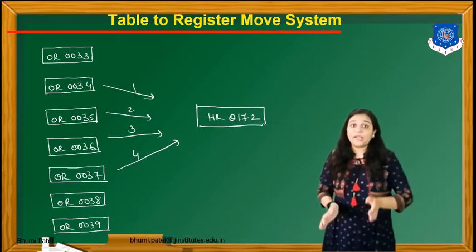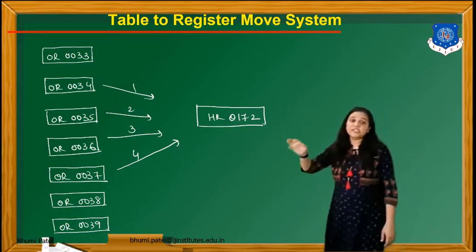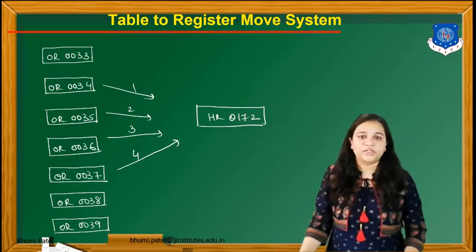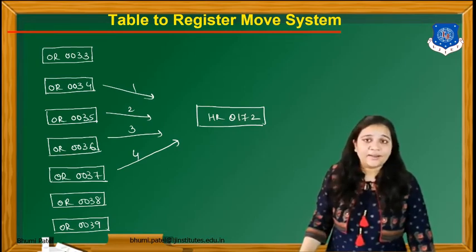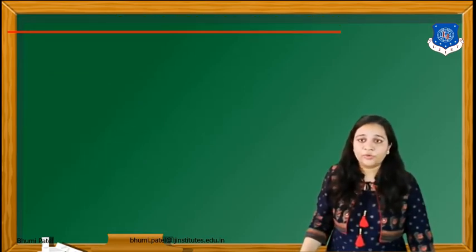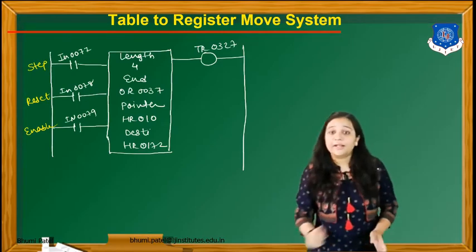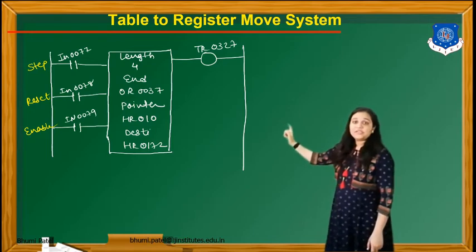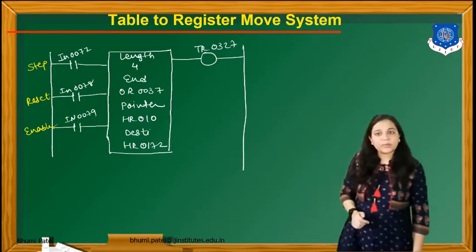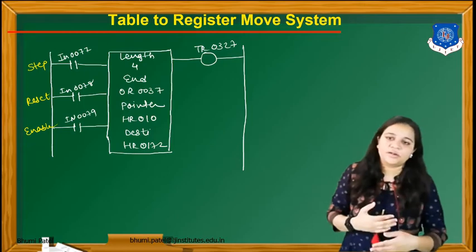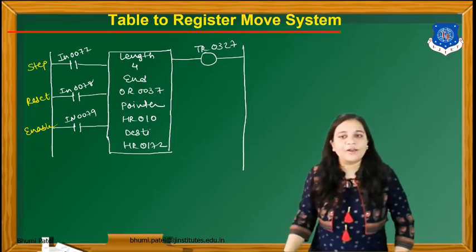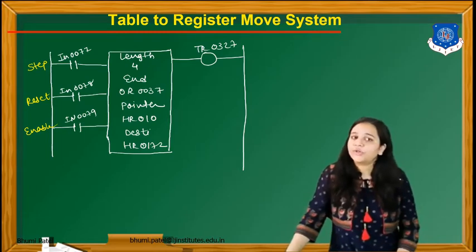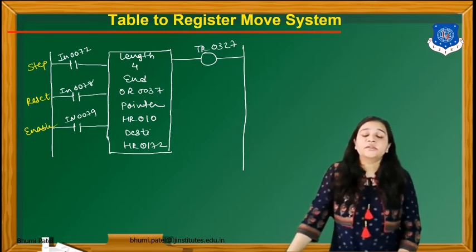Now we have to transfer this table to a particular register, given as HR0172. So what is the ladder diagram for table to register move? For that we have to take three inputs: first the step, next the reset, and third the enable. You can combine the reset and enable bits, or take two inputs for this table to register move. Now the length is 4.